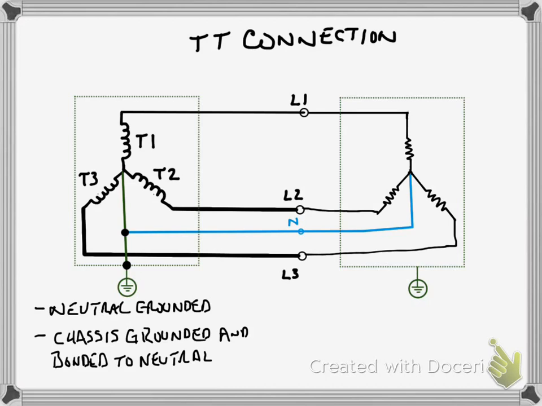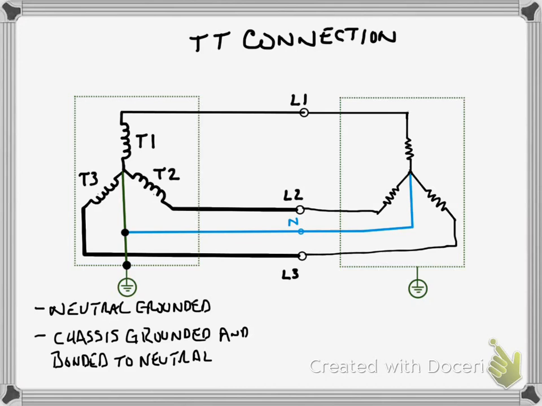In a TT system like this, it's quite possible to have 50 volts or more between the neutral and the ground, and that's simply because the distance between the point of supply and the load has some impedance in it, and so the current that flows back, stray currents that flow back to the source of supply through the earth, create a voltage that you can see between the neutral wire and the ground at the point of use.